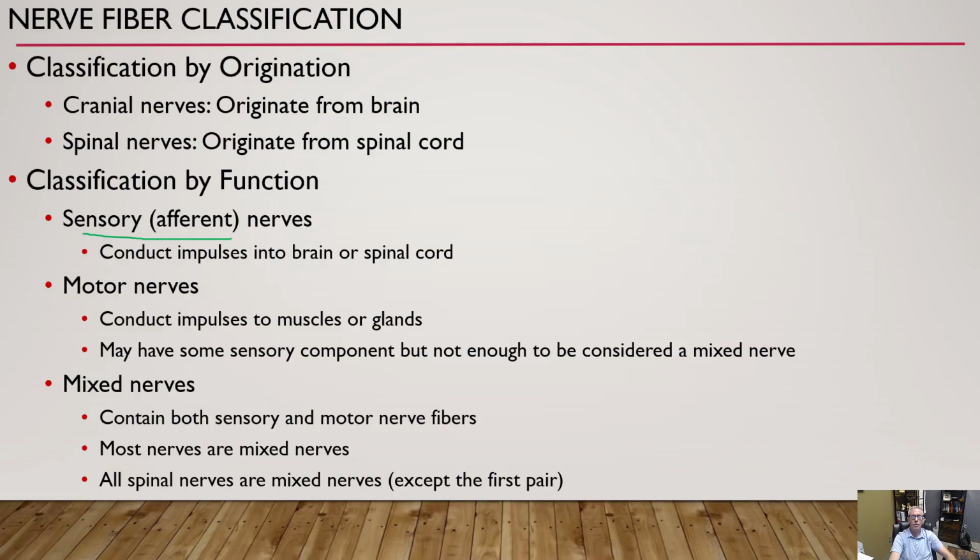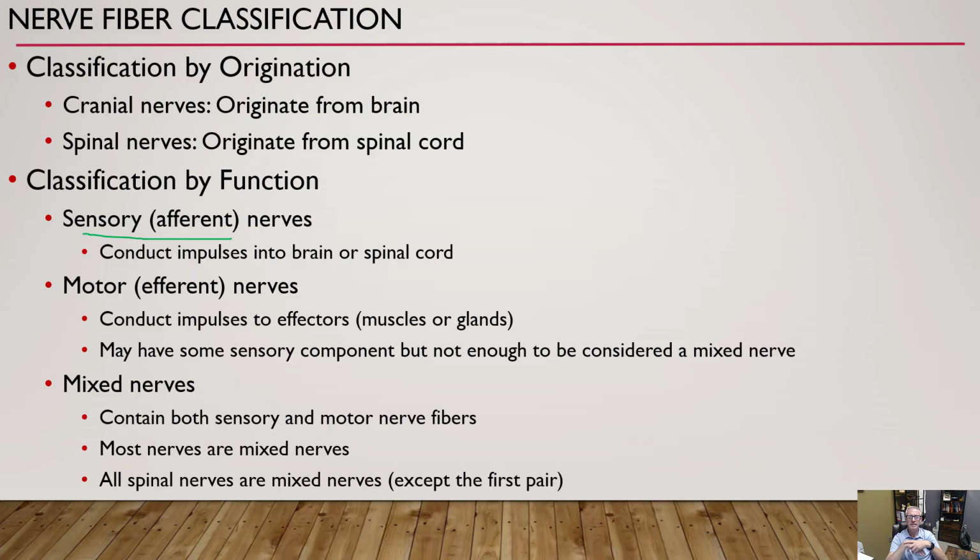And we have motor nerves, or efferent nerves, that bring impulses from the central nervous system back down to muscles or glands, those effectors, which are muscles or glands.